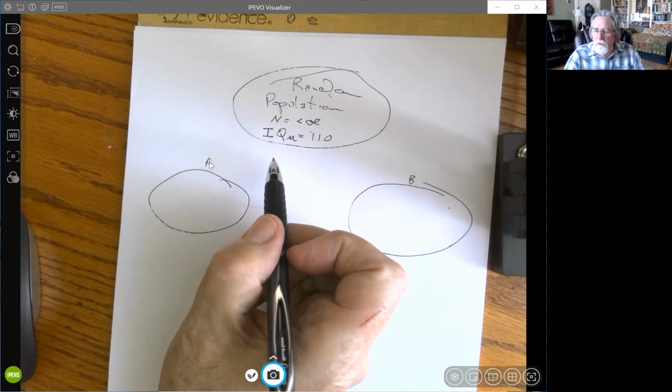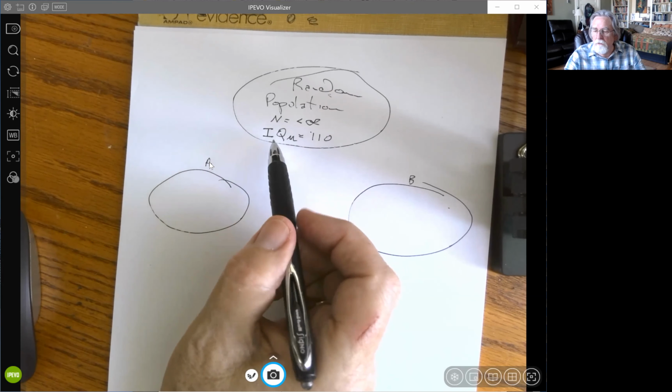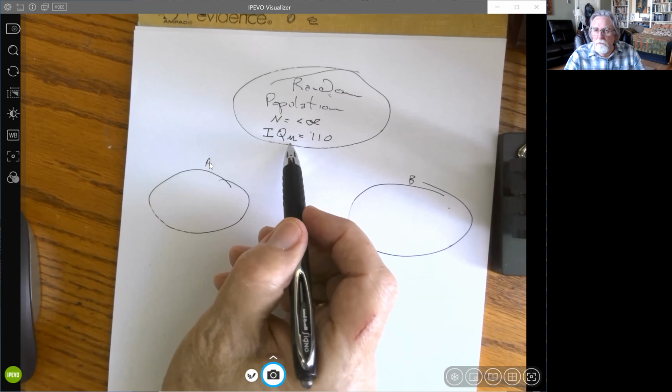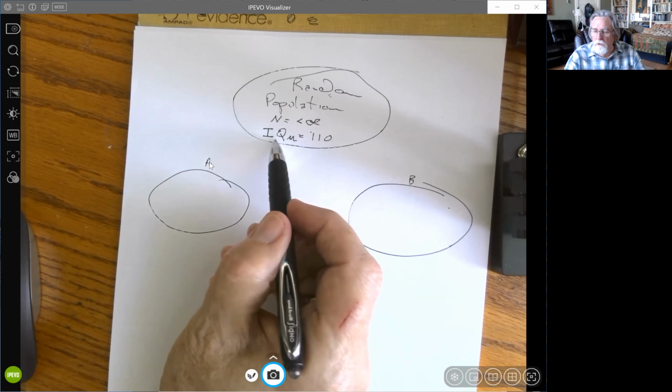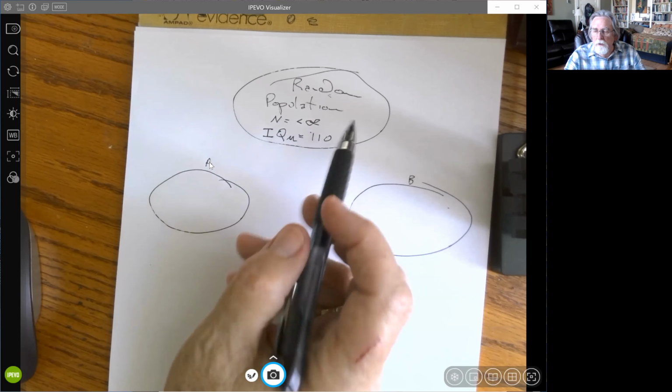And let's say it's a measurement of people's IQs, and the mean IQ, that's what this big M means, the mu, the mean IQ of this population is 110.